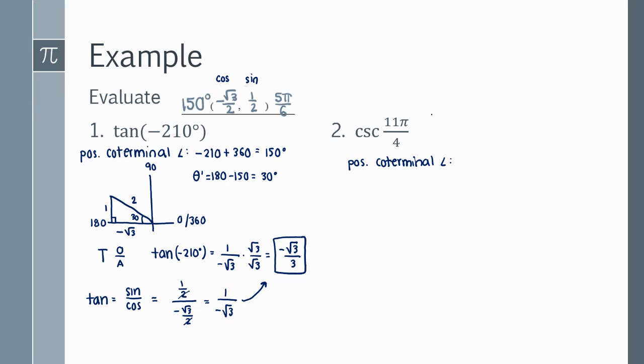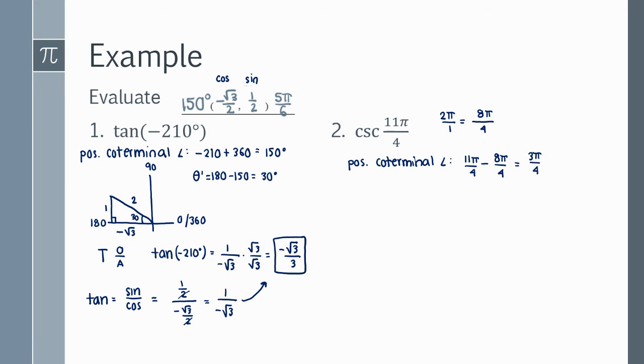So because our denominator is 4, think about it, 2 pi over 1 is the same thing as 8 pi over 4. So I'm going to take my 11 pi over 4, subtract 8 pi over 4, and that's going to give me 3 pi over 4.